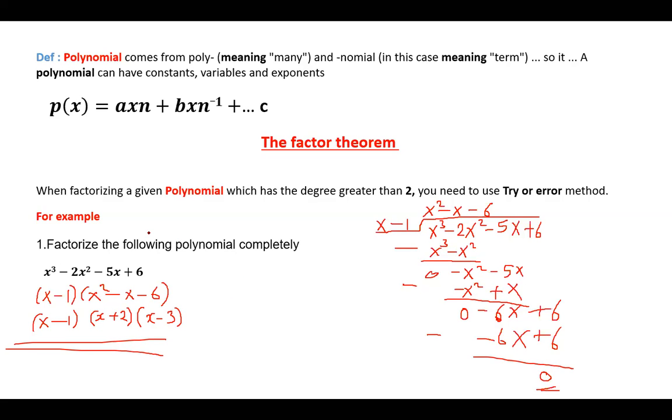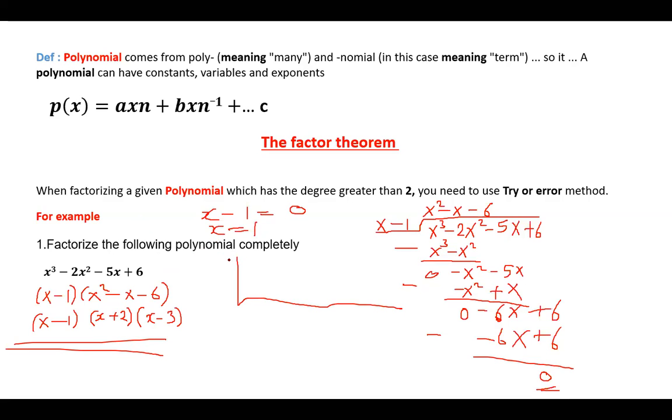Now I said I'm also going to show you how to use synthetic division. For synthetic division, you just draw a simple box like this, and then you put our factor, which was x minus 1. This was initially equated to 0, so our x is equal to 1.